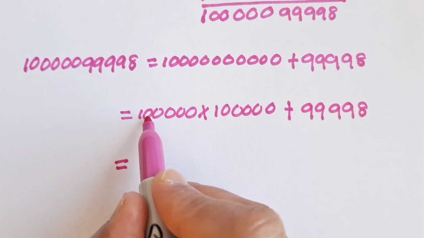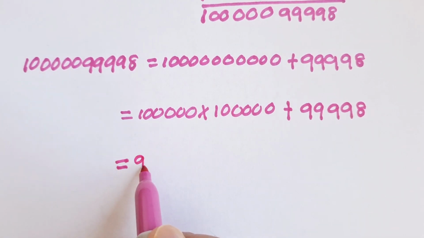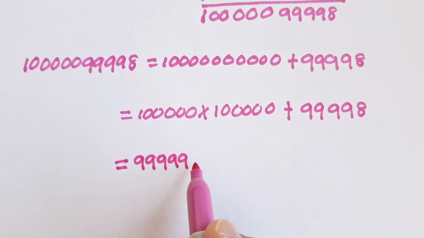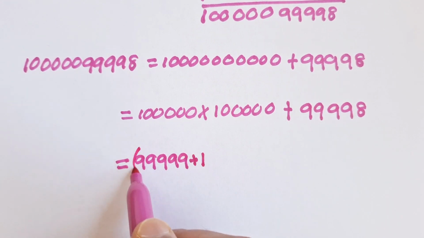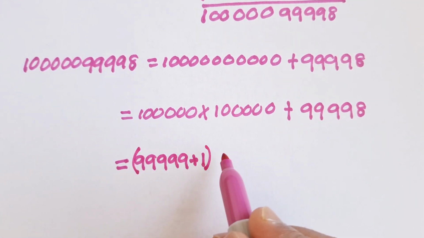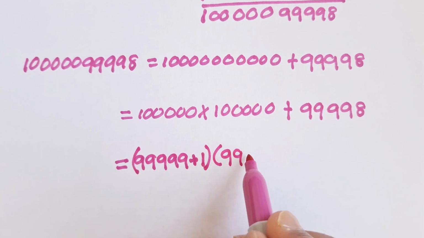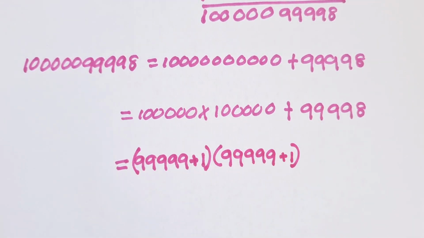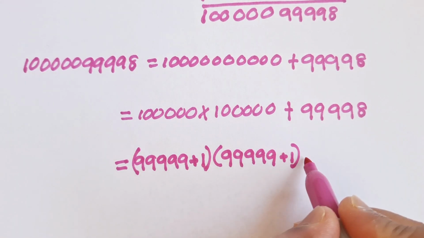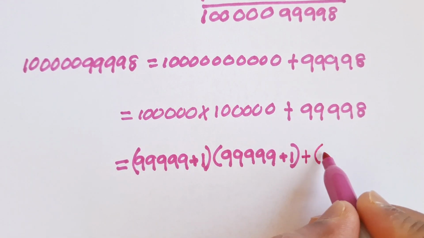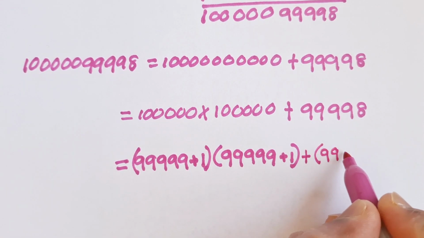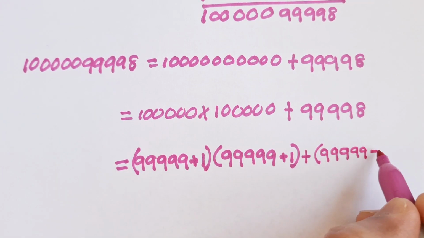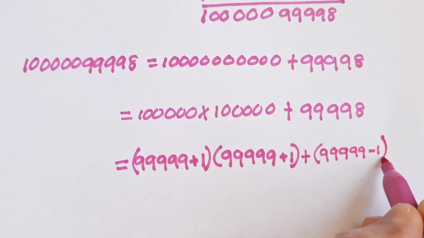Then 100,000 can be written as 99,999 plus 1. Again, 99,999 plus 1. And 99,998 can be written as 99,999 minus 1.